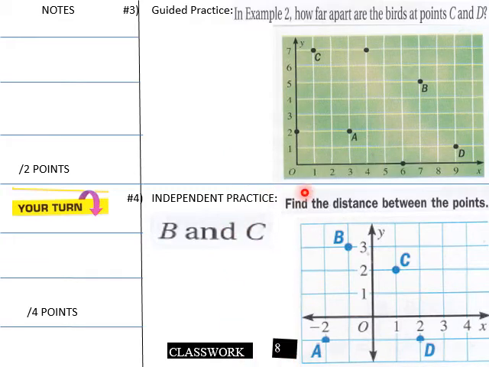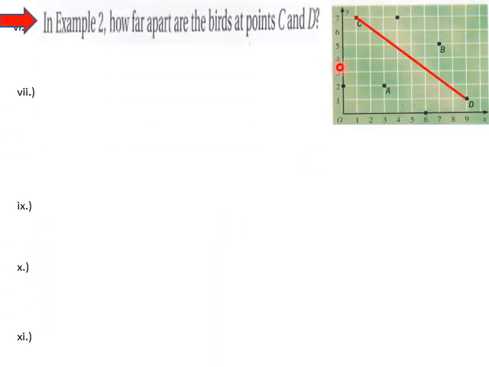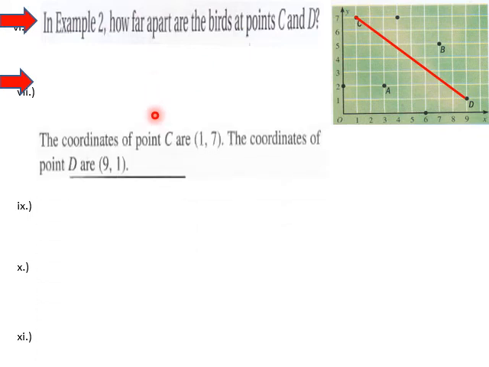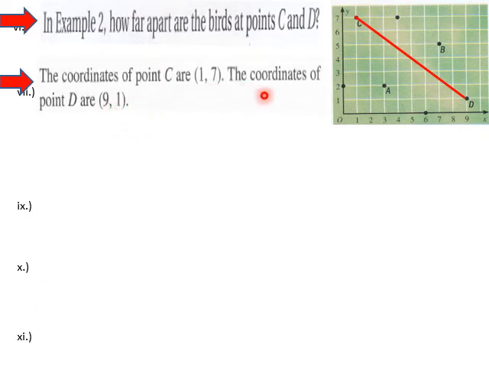This is your independent practice now. Example 2: how far apart are the birds at points C and D? We have this point here and this point way over here, and we need to figure out the distance. Here's your line drawn, and the coordinates are 1, 7, so x equals 1, y equals 7, and when x equals 9, y equals 1.